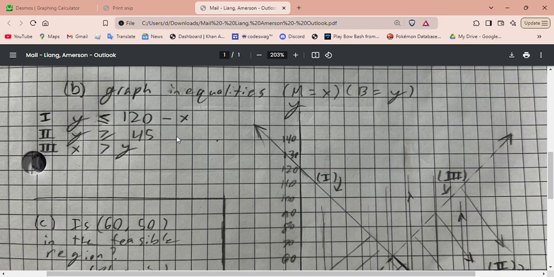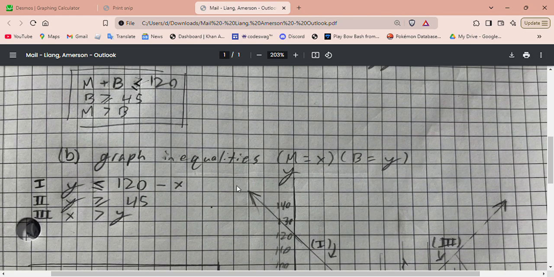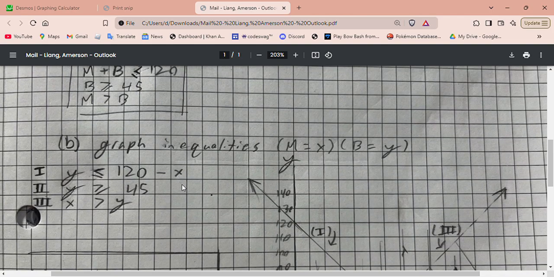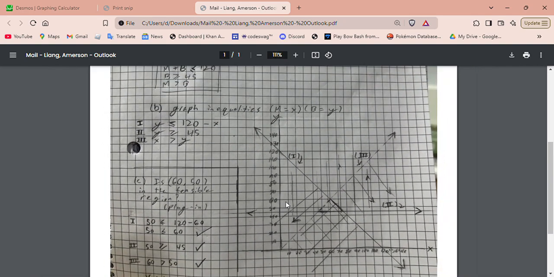To begin, I changed the variable m to x, and the variable b to y, and made the first inequality easier to graph by putting it into mx plus b form, or slope-intercept form. This is my graph, and I graphed it all out.